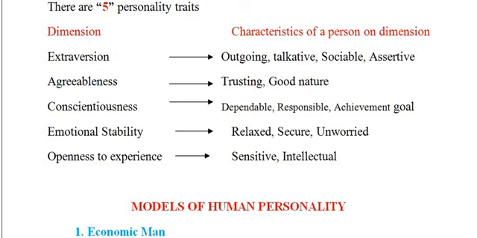Extraversion means the person is outgoing, talkative, active, sociable and assertive. Agreeableness: trusting, good natured and cooperative. Conscientiousness: dependable, responsible, achievement and goal oriented. Emotional stability: relaxed, secure, unworried persons. Openness to experience: sensitive and intellectual persons.